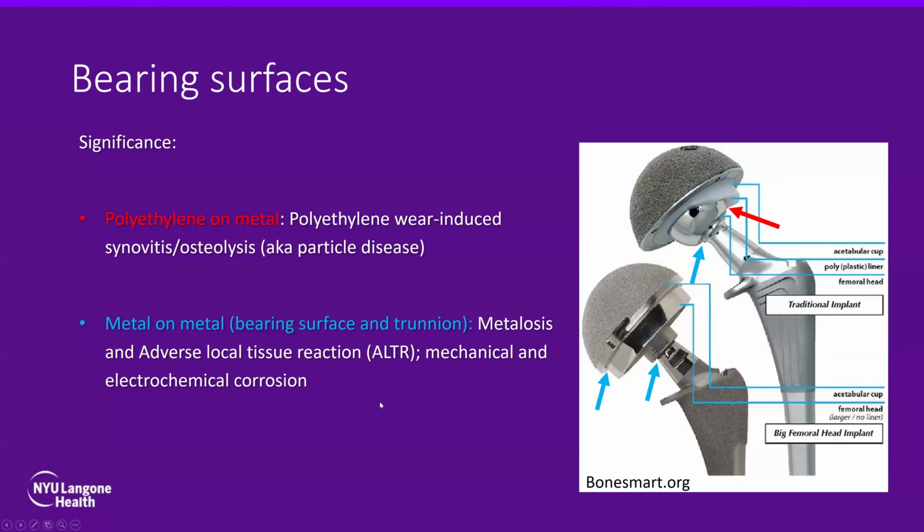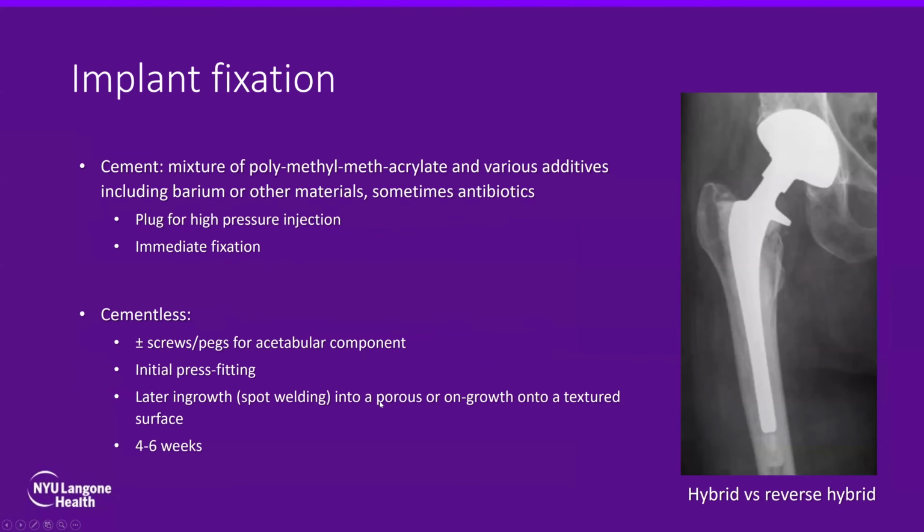Okay, a brief touch on implant fixation. Sometimes we use cement to fix the implant. Cement is basically a polymer of polymethyl methacrylate, and sometimes they add barium to it to make it radiodense for us to see it better on radiographs. If there is infection, they add antibiotics.